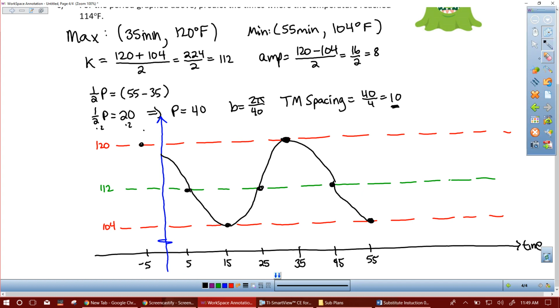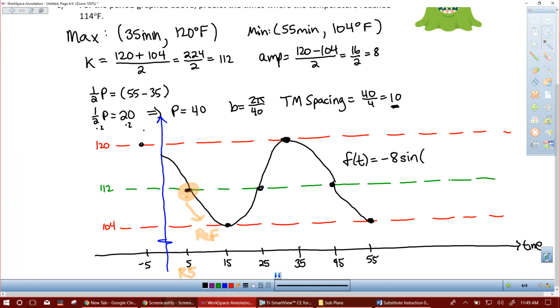So for me to write my equation, I like to find the closest value to the y-axis, but as I look, I'm going to shift to the right 5. I notice that the graph goes down, and so I know if it goes down, we need a reflection. So I'm going to write the equation f of t equals. Amplitude we said was 8, but I need it to reflect, so -8 sine.